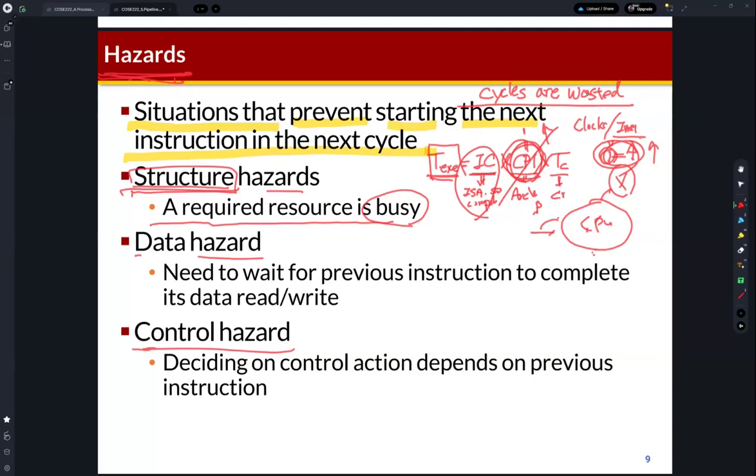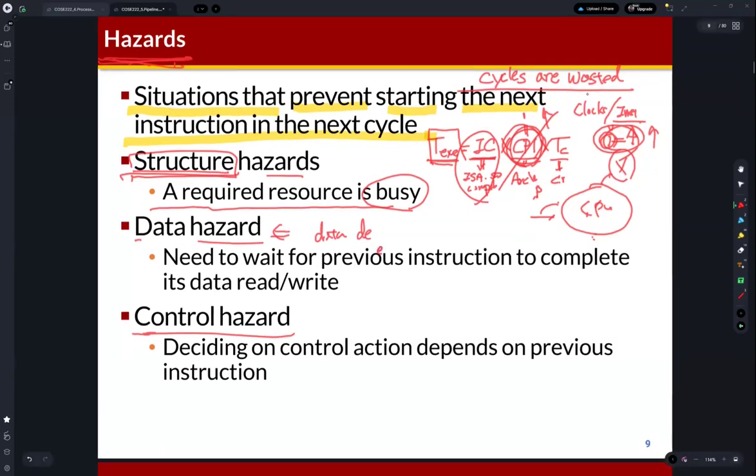This type of hazard is called a structure hazard. Then the data hazard: the instruction needs to wait for a previous instruction to complete its data read or write. What does it mean? A data hazard is caused by data dependency.